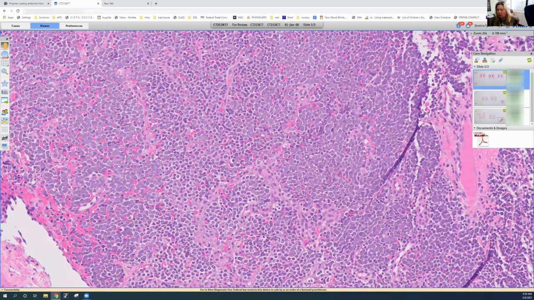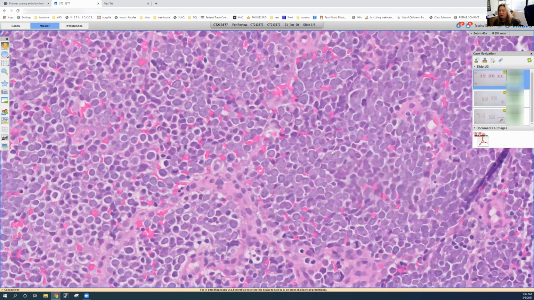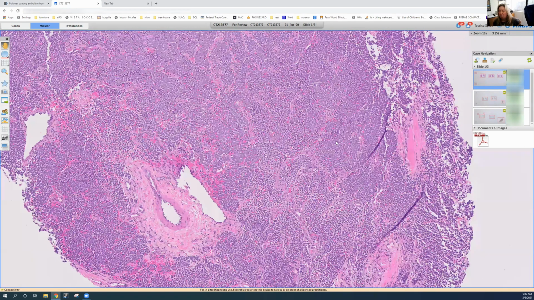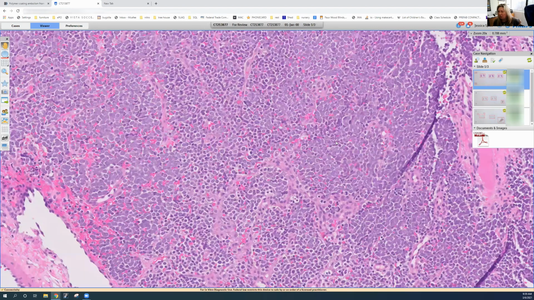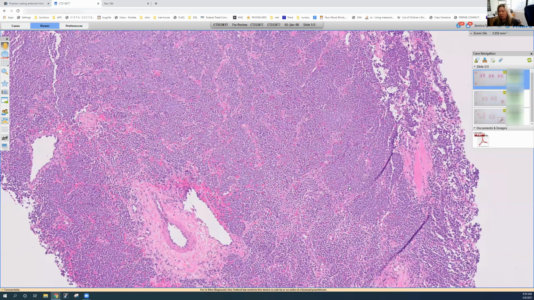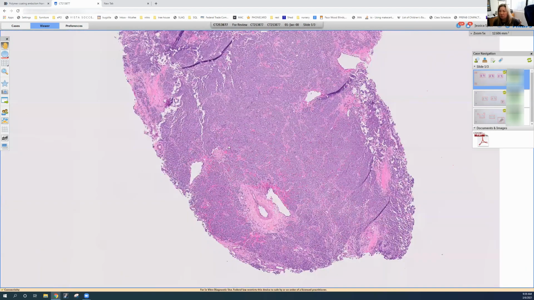So you would think maybe about a lymphoma because that's not an epithelial neoplasm that makes nests. You can think about basal cell carcinoma maybe, a blue cell infiltrate, but we're not really seeing the nests with the peripheral palisading, the clefting between the nests and the fibromyxoid stroma.